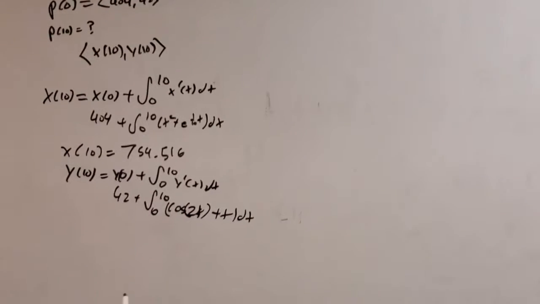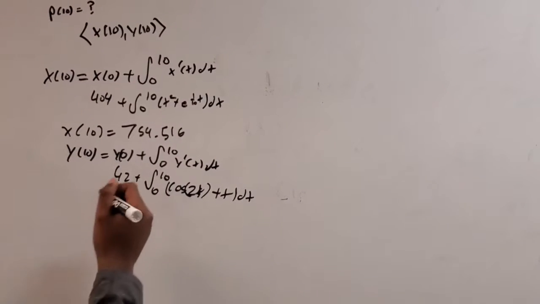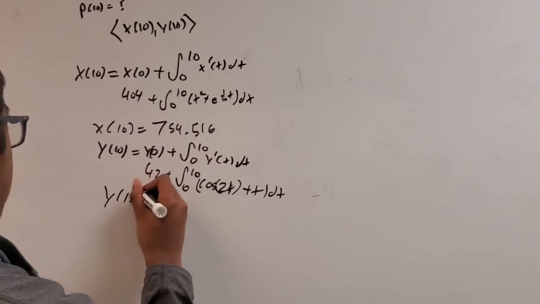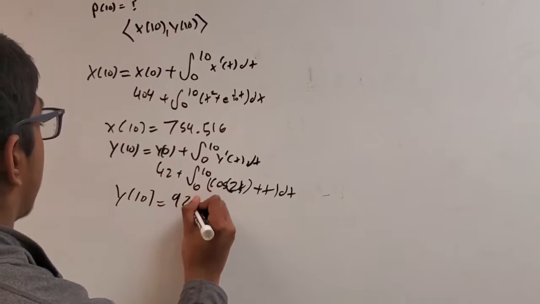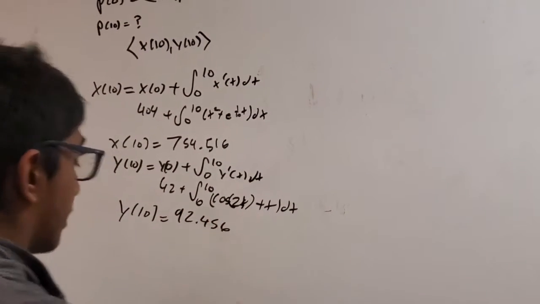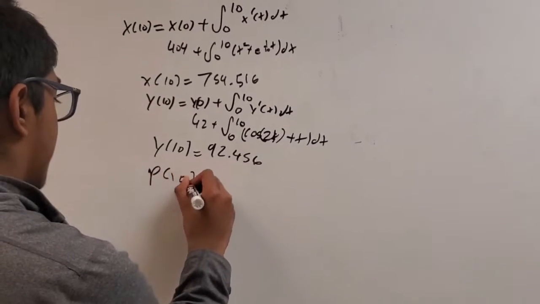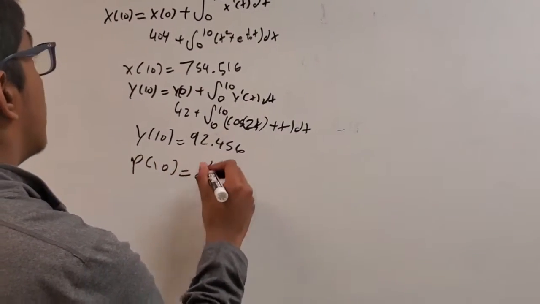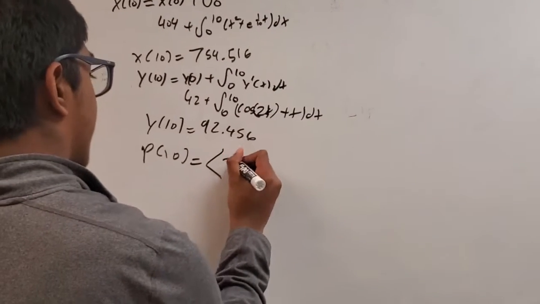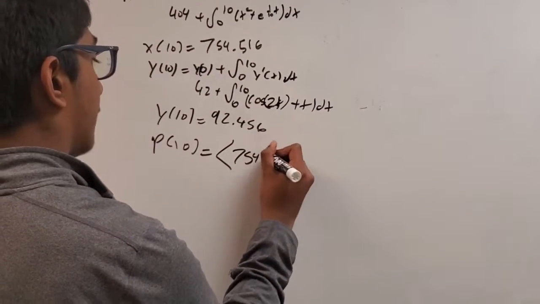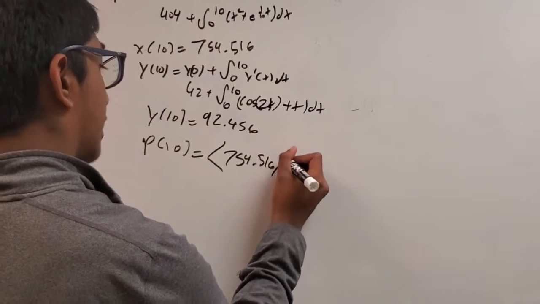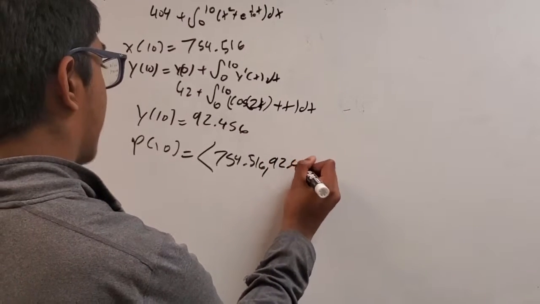And once you plug this into your calculator, you'll get that y of 10 equals 92.456. So then the vector at p of 10 will equal 754.516, 92.456.